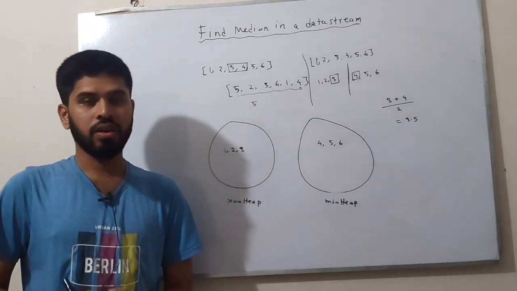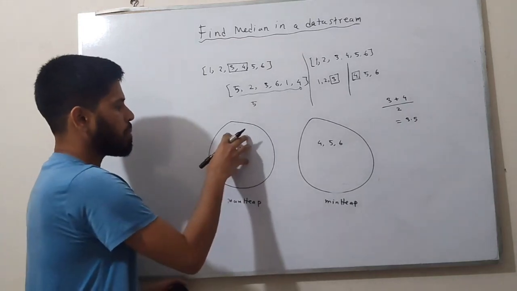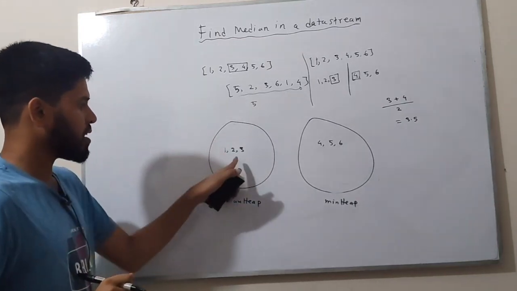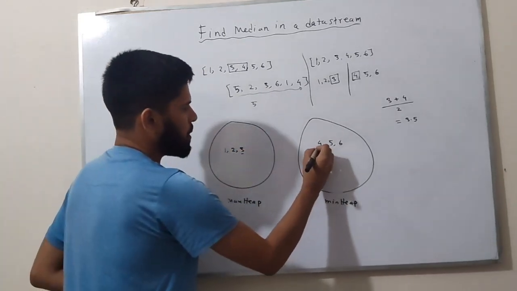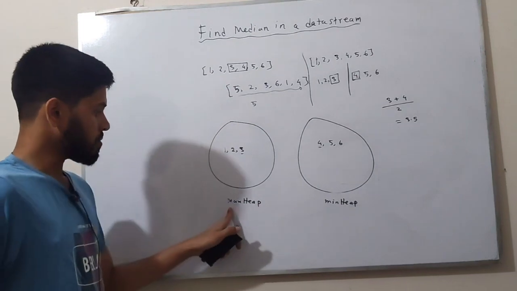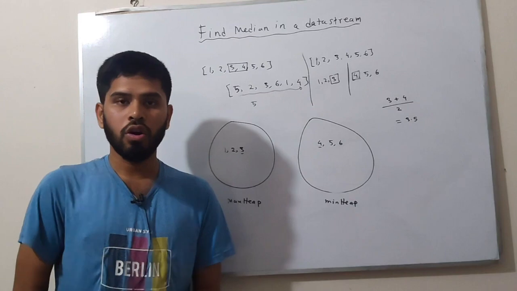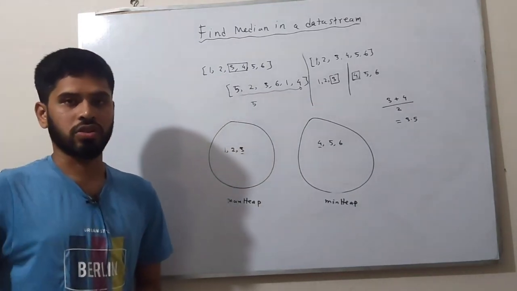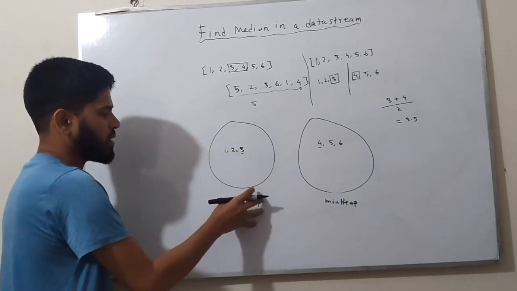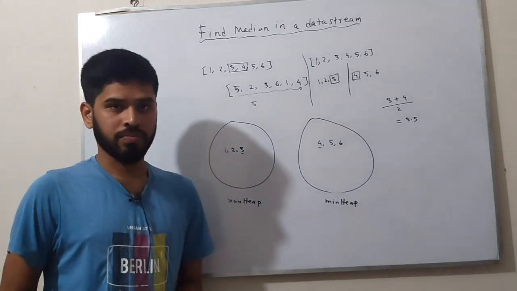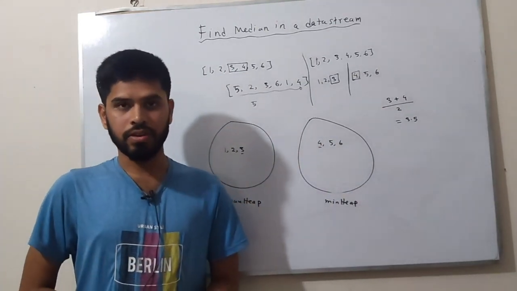Why are we doing this? Because our job is to find the median. From max heap we'll get the max, 3, and from min heap we'll get the minimum. From a max heap, if we call the peek or pull method, it gives us the highest value first, and from min heap it gives us the lowest value first.